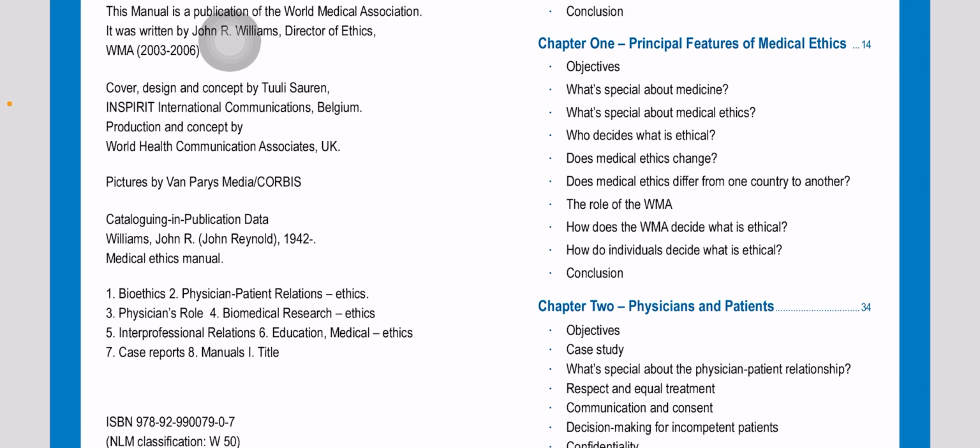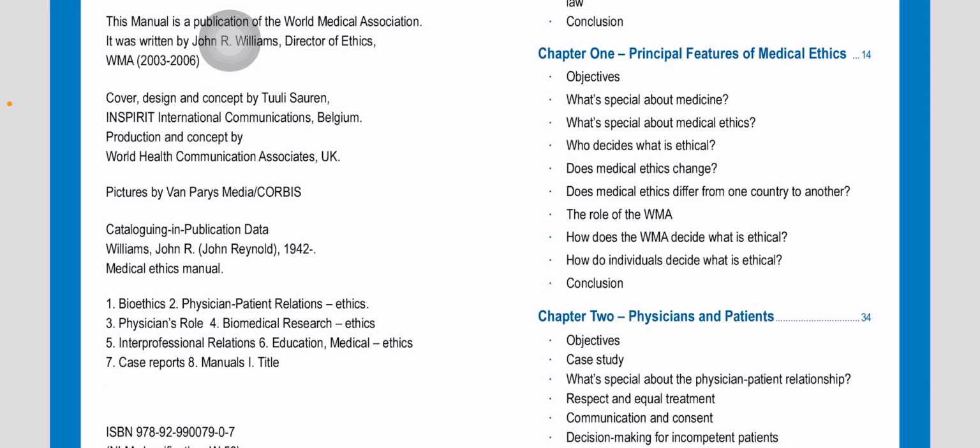Next topic, how does the World Medical Association decide what is ethical? The World Medical Association is the mother organization of different ethical organizations with regards to medicine, so their scope is global and international.